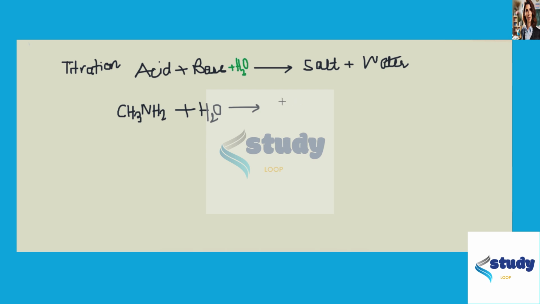In this case, you're going to get CH3NH3+ and OH-. Since you get OH- here, you know that this reactant has to be a base.